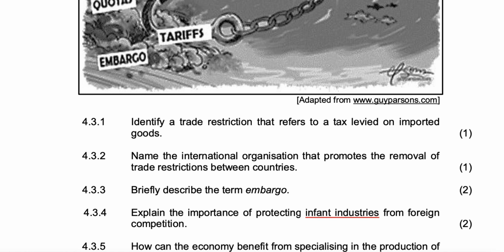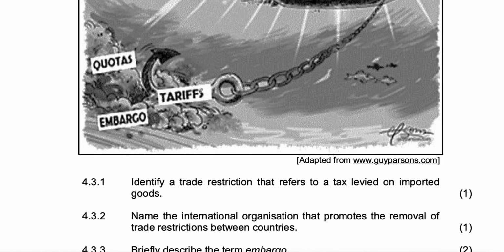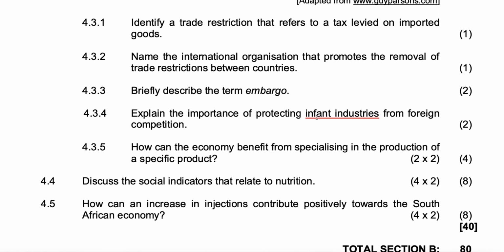But when they are still upcoming, they won't be able to compete with big industries that are in other countries. So a government can make use of these protection measures just to safeguard them.